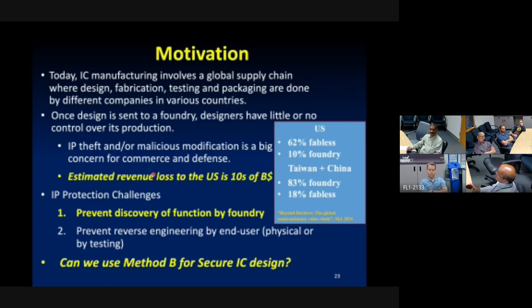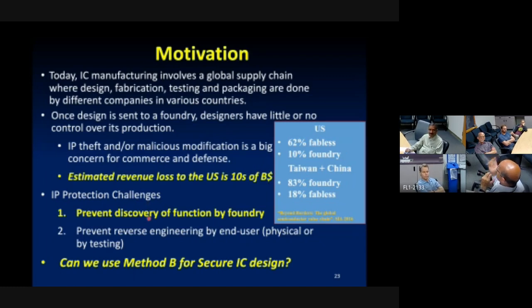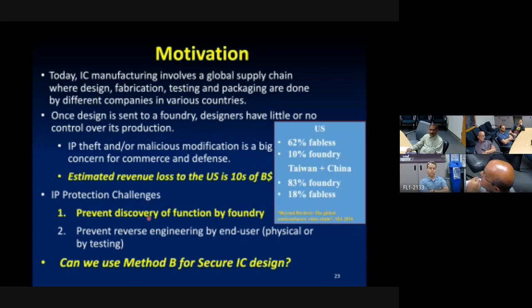So there's this big IP protection challenge: when I send my chip overseas to fab, can I hide the functionality of what I'm sending, so that when it comes back, I can apply some changes to the chip and achieve the function I want, but the foundry entity cannot? The foundry entity is not able to reverse engineer my functionality. So the question is, can we use our method B for this purpose? And the answer is yes.